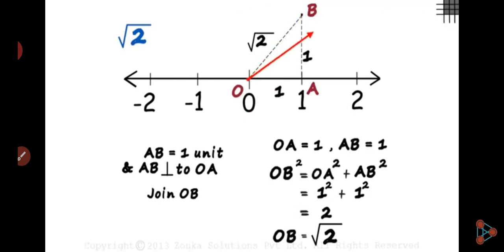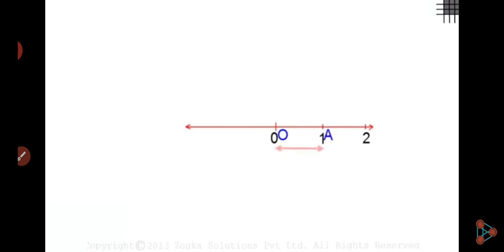Now this is the point of √2. Okay, so you can easily draw this point as √2. Similarly, if you want to draw -√2, it is on the negative side.